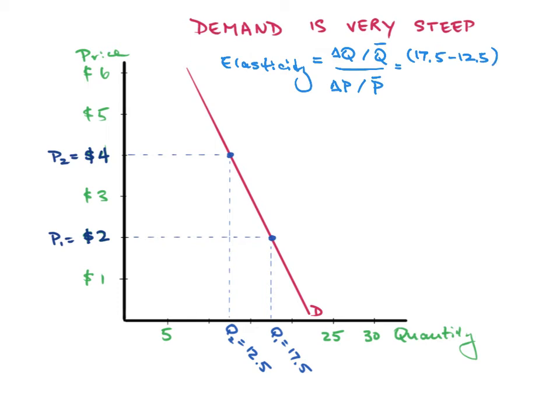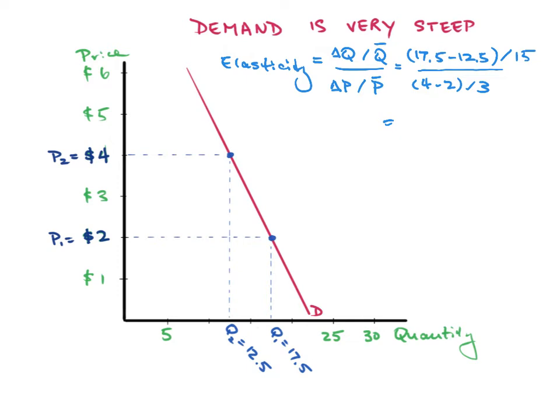It'll give me a positive answer. So 17.5 minus 12.5 divided by the average quantity, 15. And then in the denominator, change in price, 4 minus 2 divided by 3.